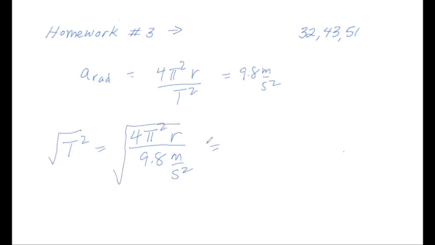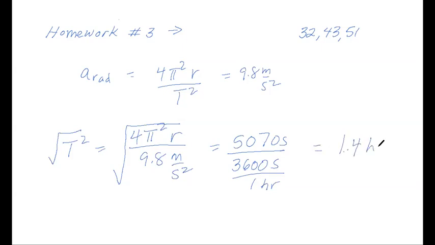And if you do all the calculations, you're going to get 5,070 seconds. In order to convert that to hours, you divide through by 3,600 seconds per 1 hour, and you're going to get 1.4 hours. So we would have to be spinning pretty quickly in order to fly off. All right, that was the second part of 23.